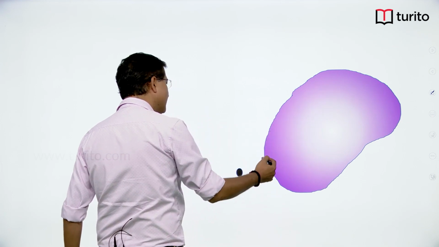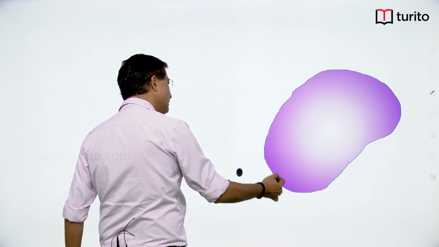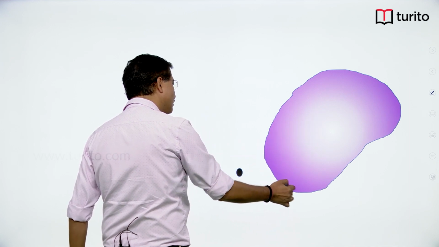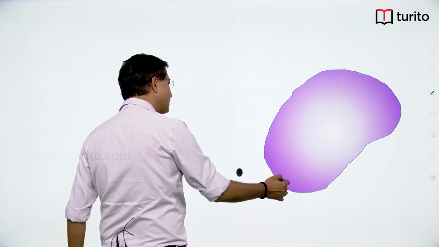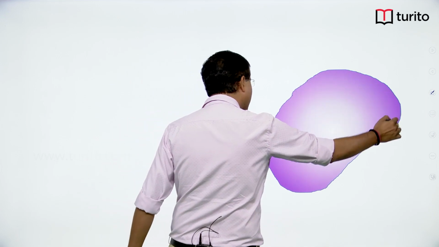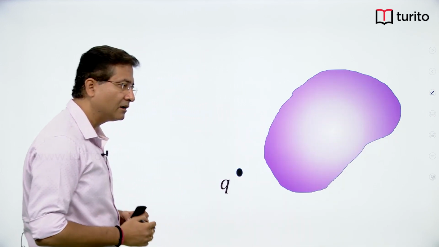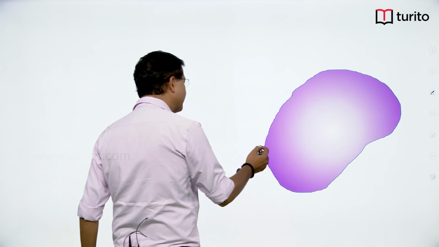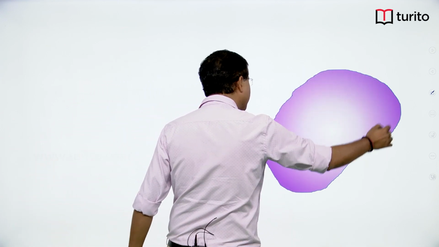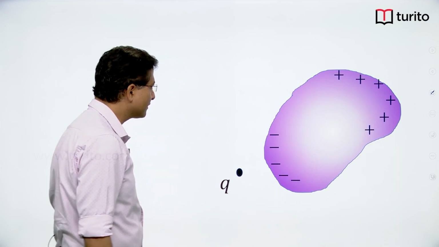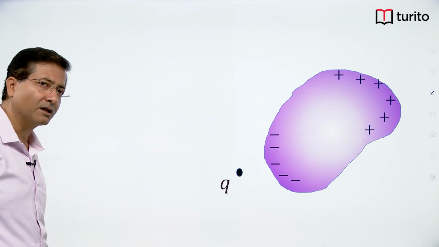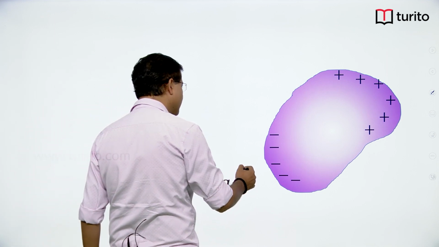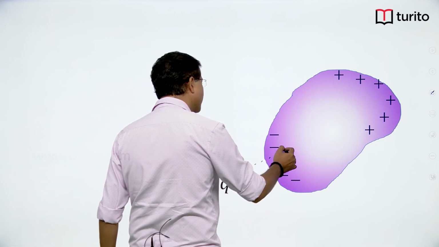So, what happens here is that in this region the density of free electrons increases, and on this side there will be a deficiency of charge. So, in this region it will be a negatively charged region, and somewhere here it will be a positively charged region, right. So, the distribution will be something like this, and it will try to cancel whatever the charge is producing at this particular point.